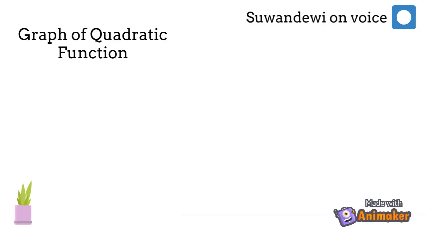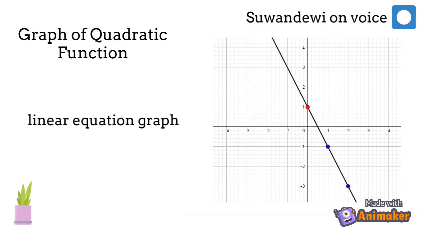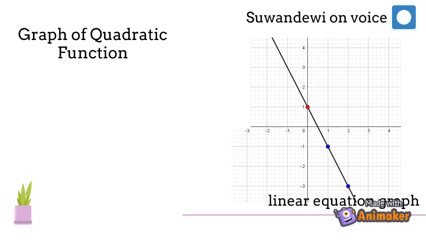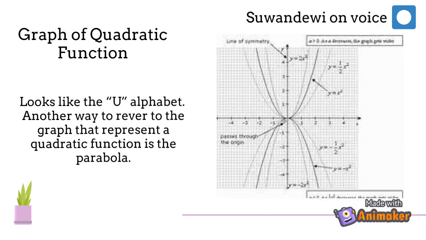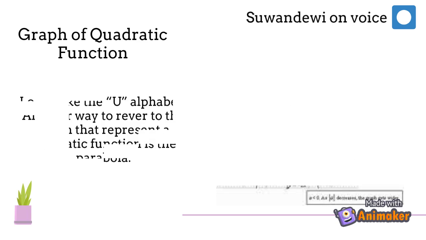As we know, the linear equation graph is a straight line. This is the picture of a linear equation graph. And then, what do you think about the quadratic function graph? This is the picture. The quadratic function graph looks like a U. One other way to refer to the graph that represents a quadratic function is the parabola.